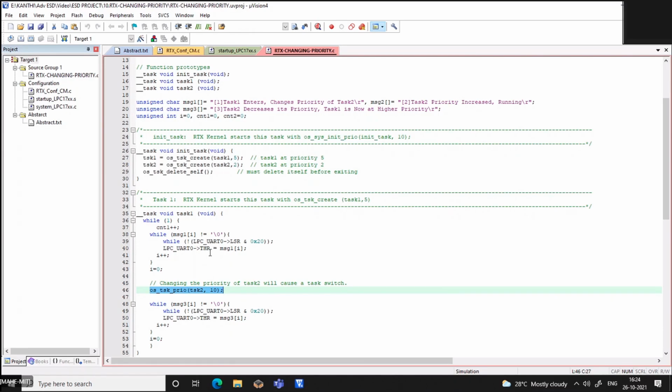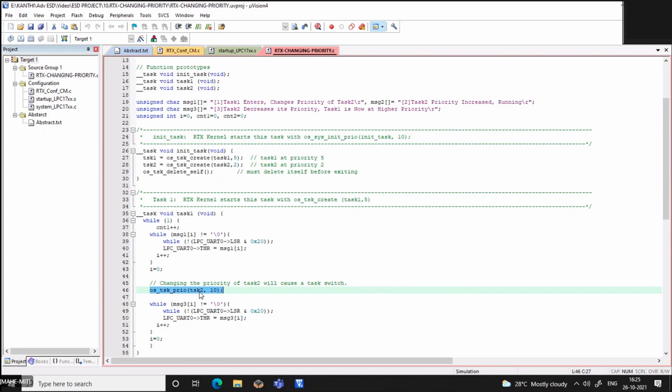That is a message put, and here priority, this is my running task. I'm running with task 1, under which I am changing the priority of task 2. So what was the priority of task 2? It was 2. Now I'm forcing the priority of task 2 to 10.